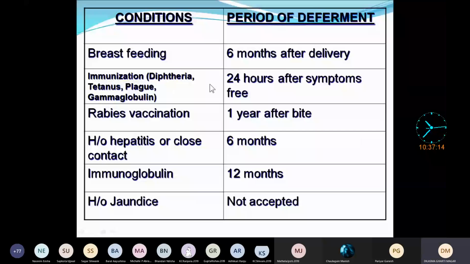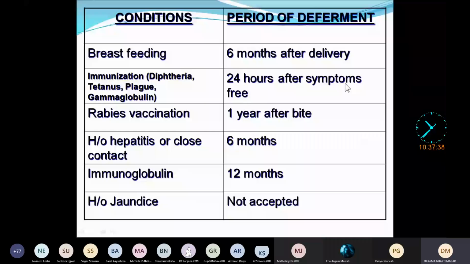So we will not take the blood for 24 hours. Whenever the signs and symptoms are there, 24 hours after being symptom free. So in these immunizations for diphtheria, tetanus, plague, and gamma globulin, we'll take the blood only 24 hours after the person is symptom free.